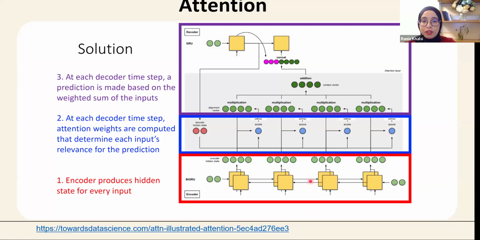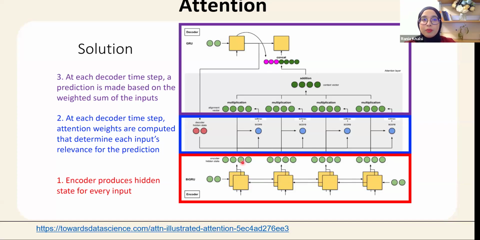Now let me ask you, how many tokens do you have in this input? Think of it. We have four, so four words, let's say.